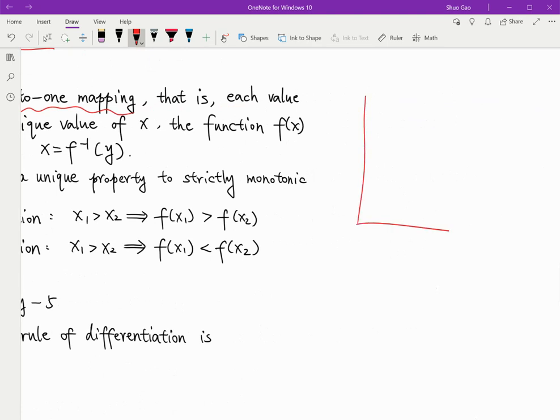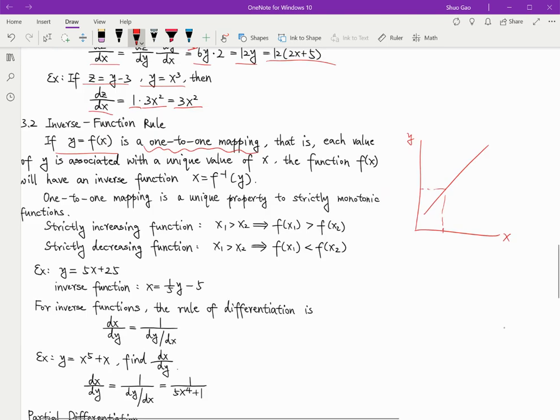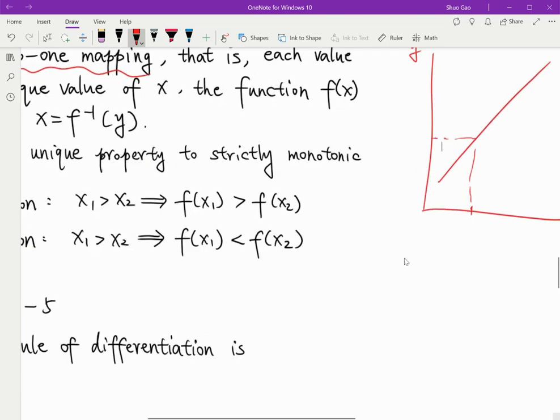For example, for a linear function, this is y, this is x. The definition of a function requires that for each value of x, there's only one corresponding y. But we don't require that for each y, there's only one x.